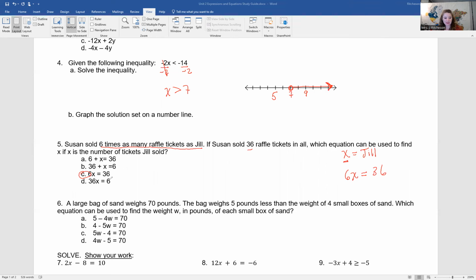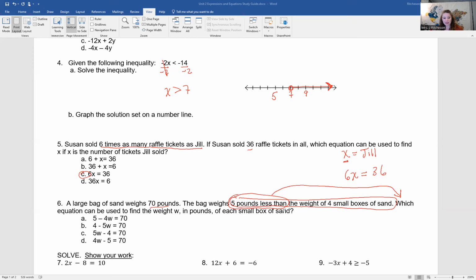Number 6, a large bag of sand weighs 70 pounds. The bag weighs 5 pounds less than the weight of 4 small boxes of sand. Wow, that's a lot of stuff. 5 pounds less than. So that less than, remember, that's the expression where you throw it at the end.